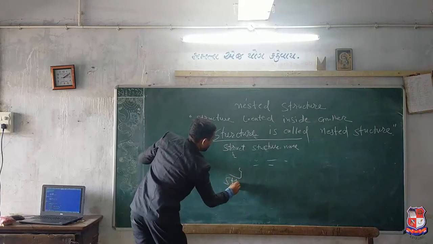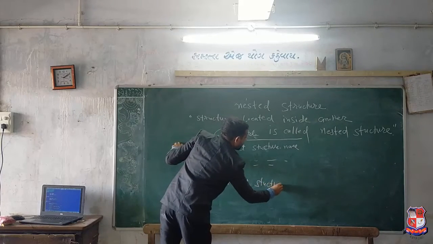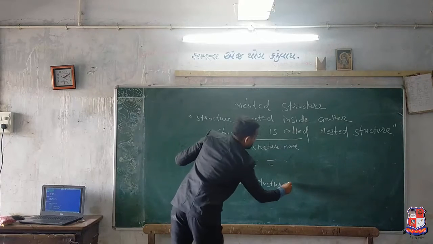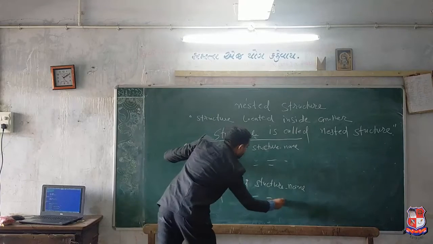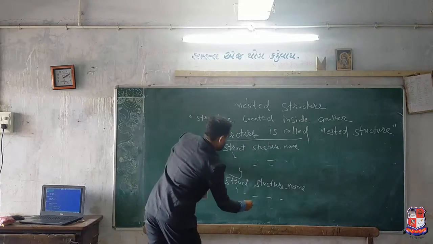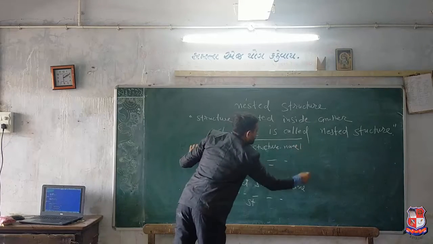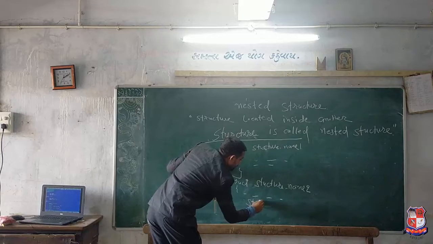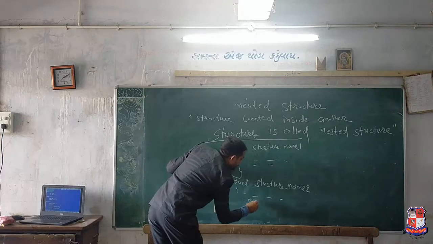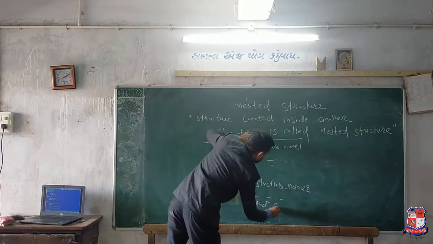Second one is struct, structure name. And here we use the first structure. Suppose that is structure 1 and structure 2. So here we use structure 1.